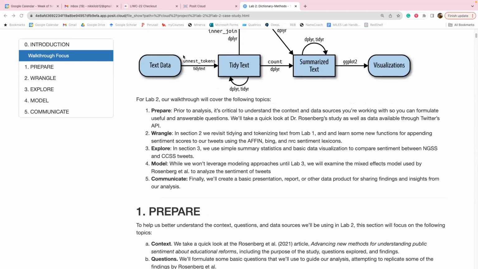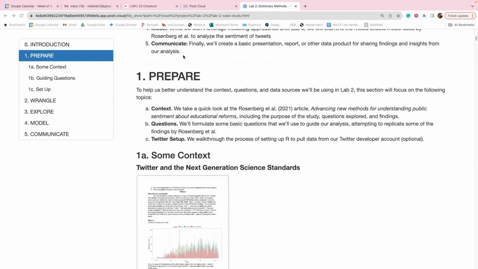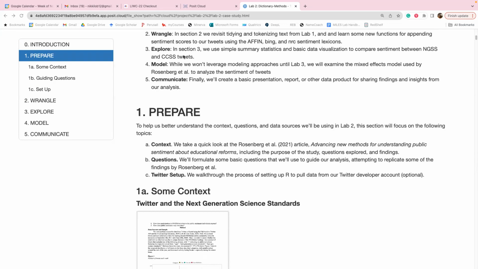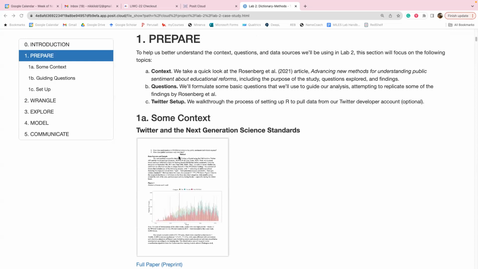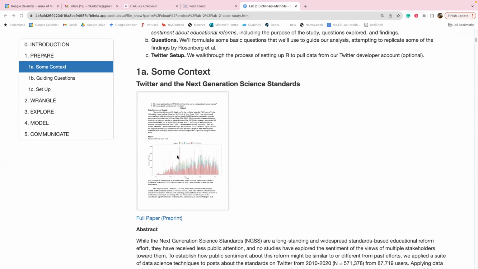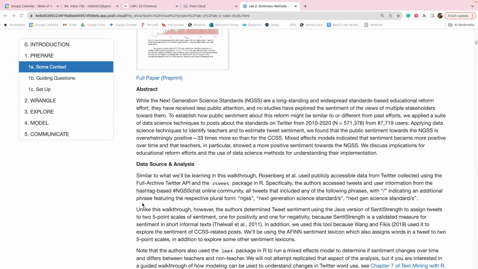Again, just an overview of the learning analytics workflow. To prepare, you can see this was actually published in a paper, so if this is interesting to you, there's a link in here and then the abstract.